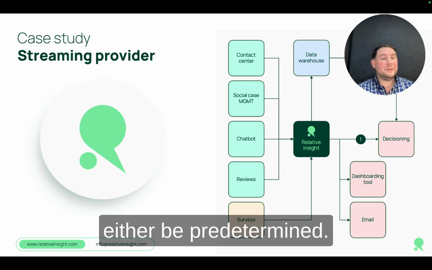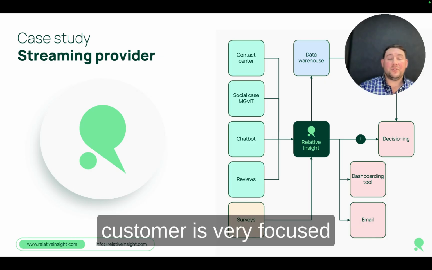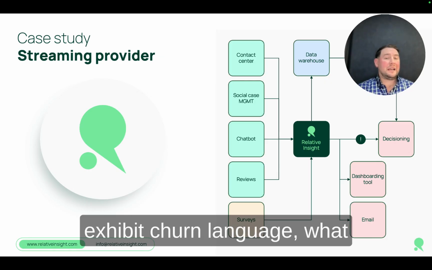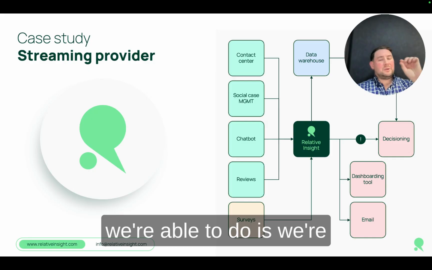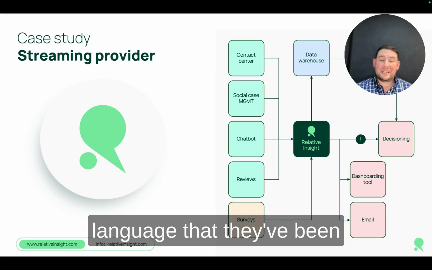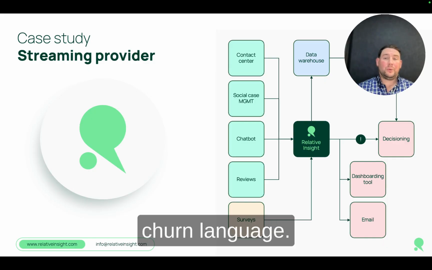And that can either be predetermined. For example, this particular customer is very focused on churn behavior. So when someone starts to exhibit churn language, we're able to pick that individual up and say, based on the language that they've been exhibiting, we know that this person is exhibiting churn language.